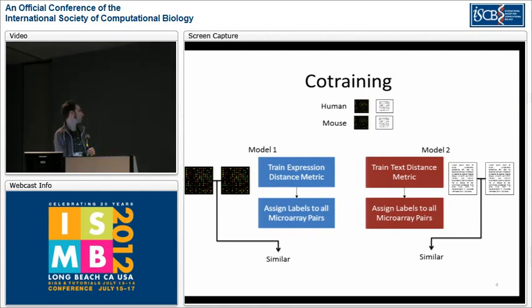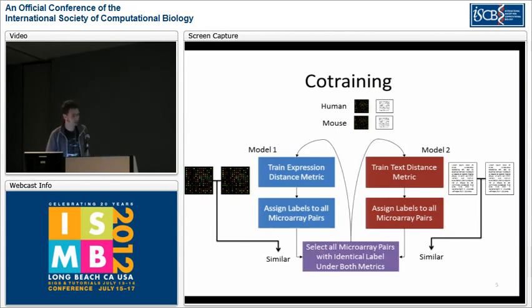Let's say these two microarrays happen to be similar based on the expression data. And let's say the microarrays are also similar on the abstract. There are similar words that suggest some kind of textual similarity. Now we can actually use a technique called Cotraining. What Cotraining allows us to do is combine these models in a way to improve their overall performance.